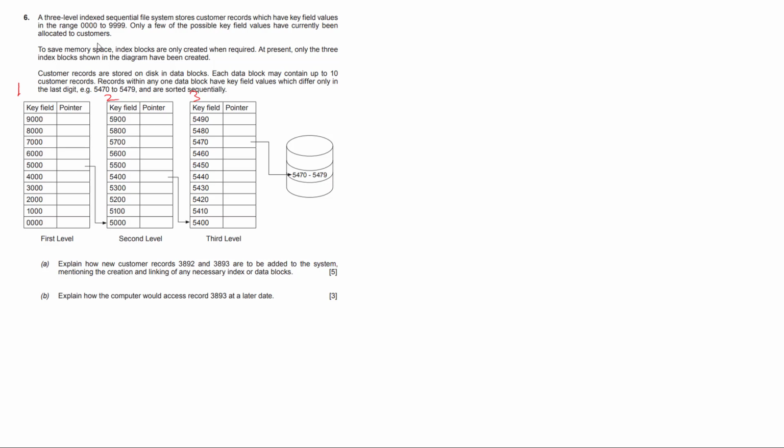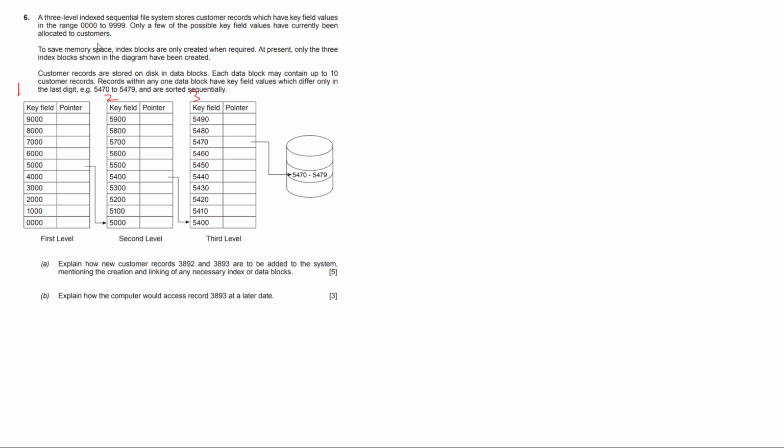Customer records are stored on disk in data blocks, and each data block may contain up to 10 customer records. Records within any one data block have key field values which differ only in the last digit. So for example, 5470 to 5479 are stored sequentially.